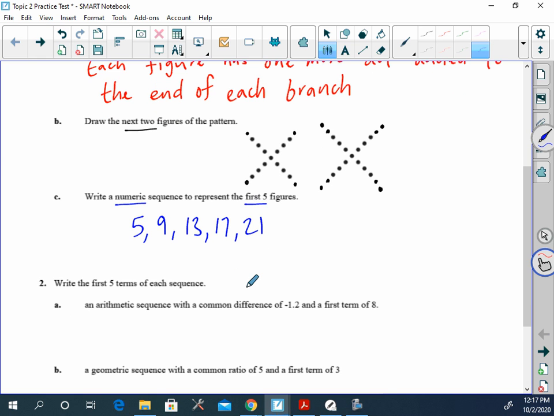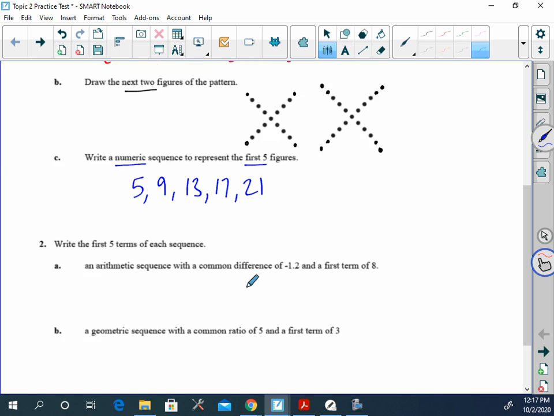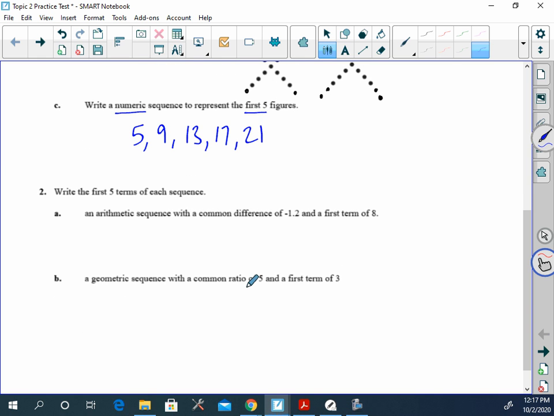Then these here, very similar to what we just did in part C. So for part C, we were writing the numbers here. Here we're just given numbers, and it says write the first 5 terms. So make sure that you're writing terms down as you go. And it tells us the first term is 8. So you want to start with 8. You don't start doing stuff until you write down that first term. And then the common difference is negative 1.2, and it's arithmetic.